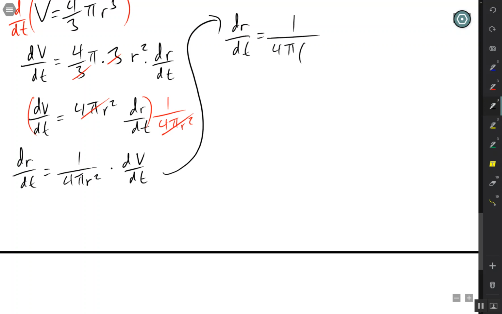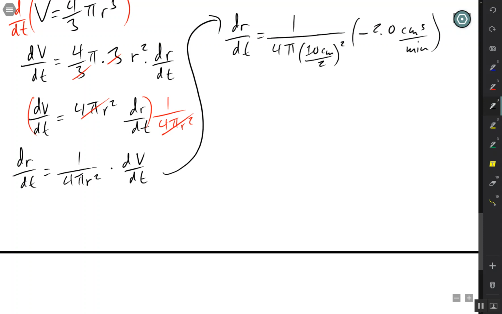This would end up being 10 cm divided by 2, and this would be negative 2.0 cm cubed per minute.